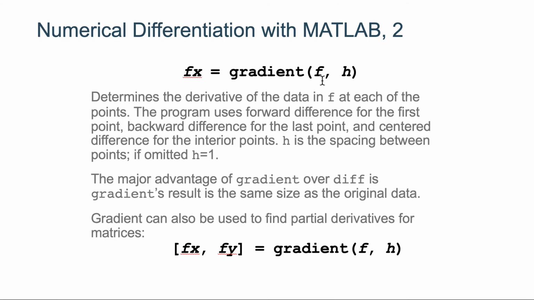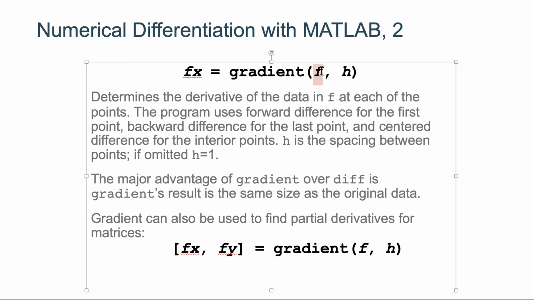So if you have a two-dimensional function and it's stored in an array called f here, and you have the step size in both directions where this function is sampled, you can just simply call the function gradient in Matlab, and that gives you the gradient. And if you just have one output here, you just get the first derivative, the differentiation with respect to the first variable. If you put two outputs, it will give you the two derivatives that you need to characterize the gradient of f.